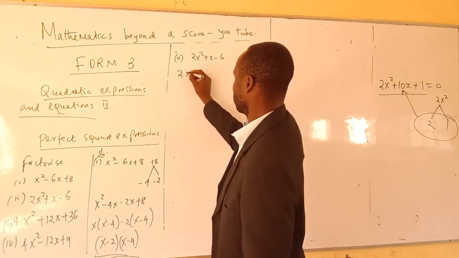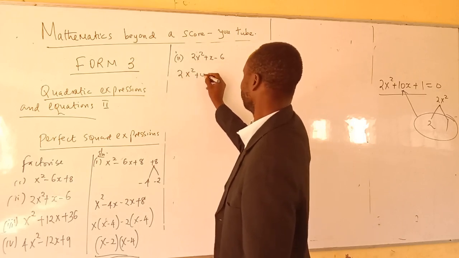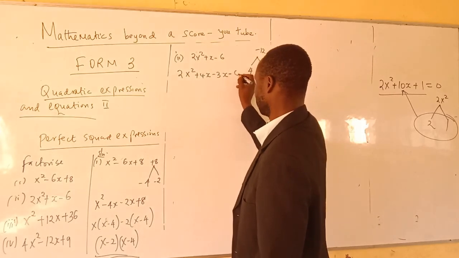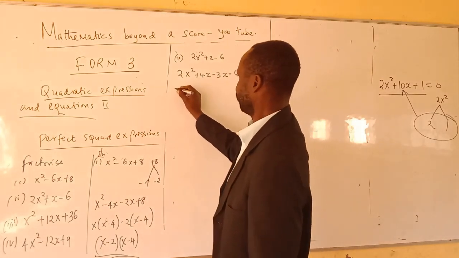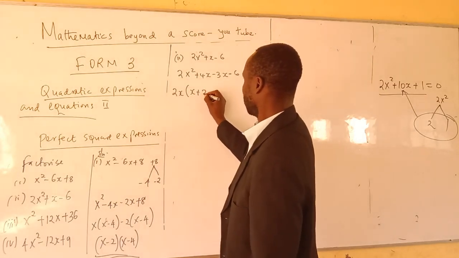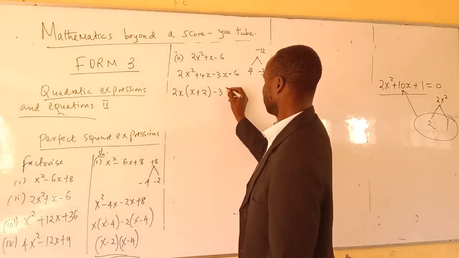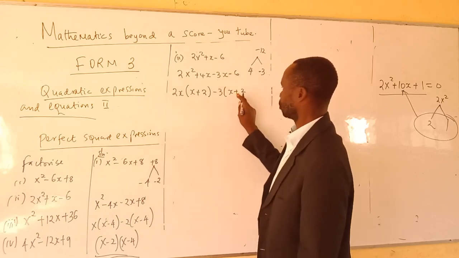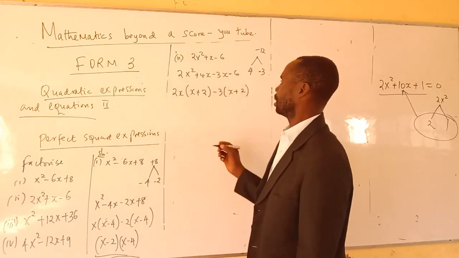So we substitute 2x² + 4x - 3x - 6. We have 2x(x + 2) - 3(x + 2).